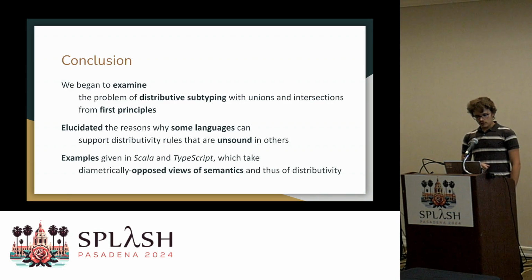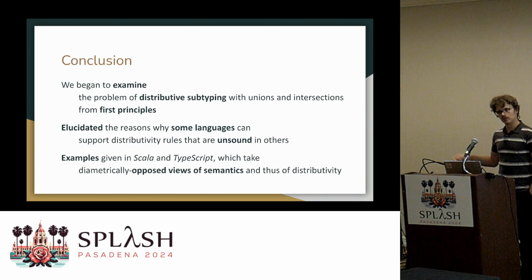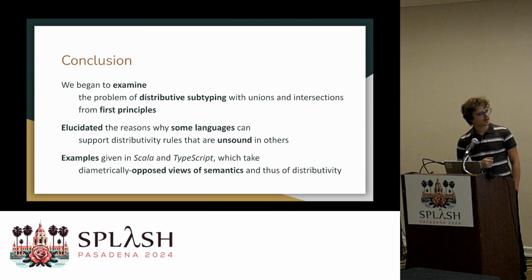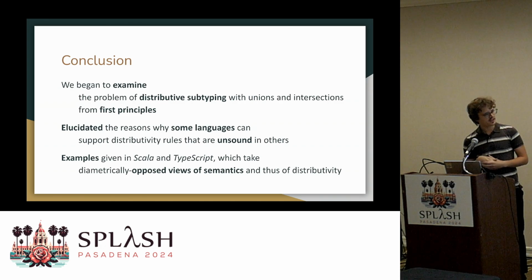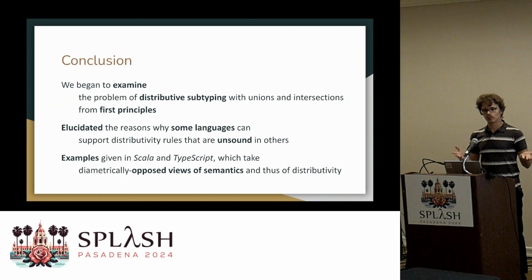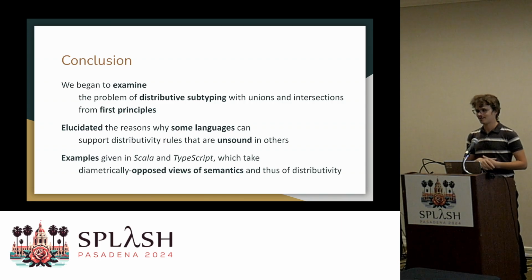And I tried to explain that the differences in distributivity between different languages actually come from the Church and Curry style divide between the two styles of semantics. That's why some rules may be completely unsound in one language, but completely fine in the other. Okay, thanks. That's it.